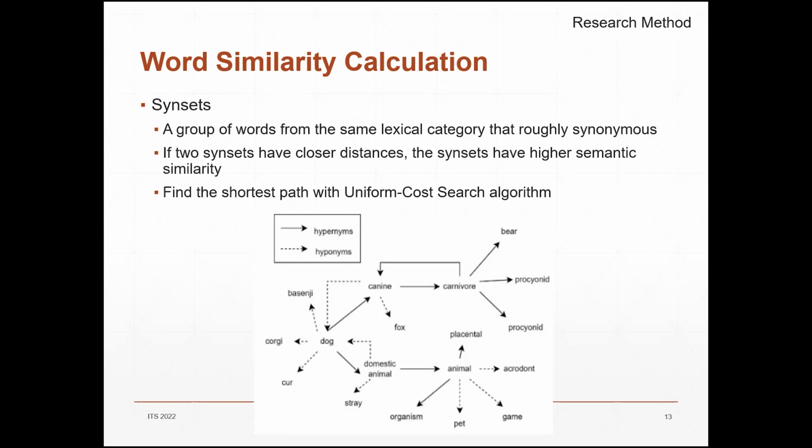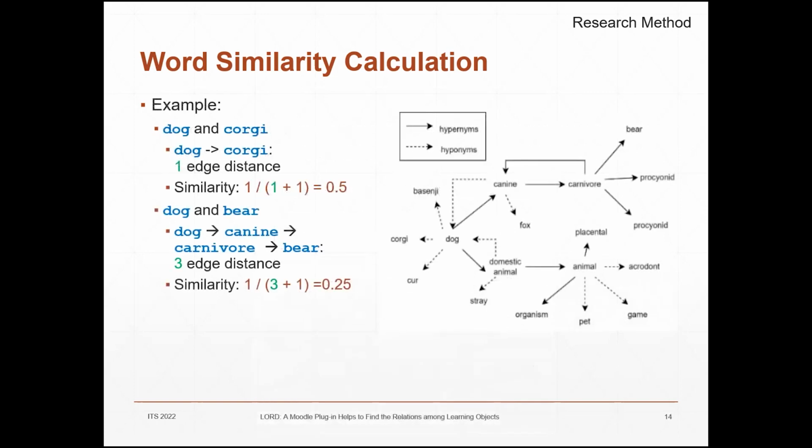So in this case, they have hyponym relations. Then we can use this kind of graph to find the similarity. We can find that dog and corgi just need to cross one edge from one synset node to another one. So they have a closer distance between these two concepts, and we can say the similarity is 0.5.